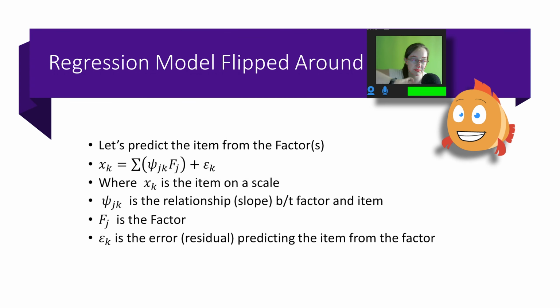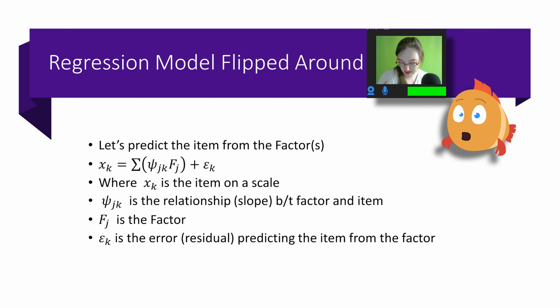So let's flip this model around. Instead of knowing the latent measure, the factor, because we are that total true score, which we just don't know, let's flip that so that we are predicting each question response as a function of the factor.